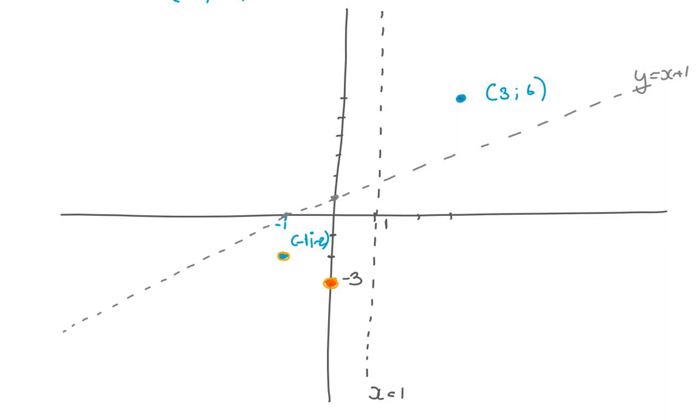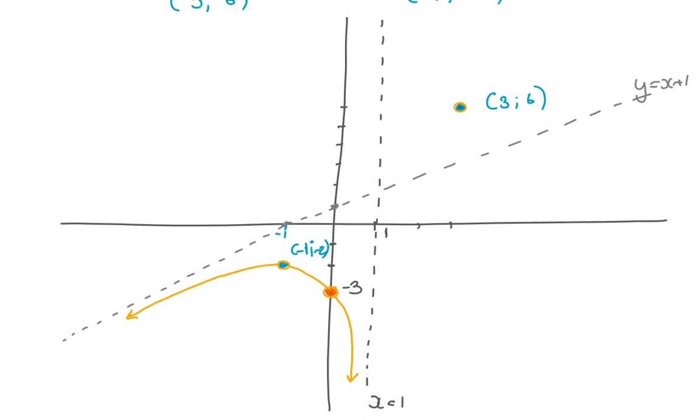Well, I'm not allowed to go through my oblique asymptote, so I need to tend towards my oblique asymptote, and I clearly need to tend down towards my vertical asymptote. There's no other way that could work without going through the wrong intercept or going through the oblique. And same thing here. That's a stationary point, and there's no way I can do that because I'll go through the oblique. So I have to be tending towards the vertical, and I have to be tending towards the oblique.